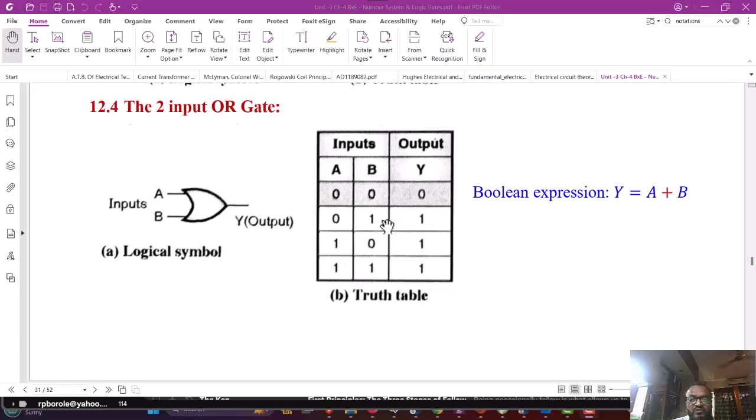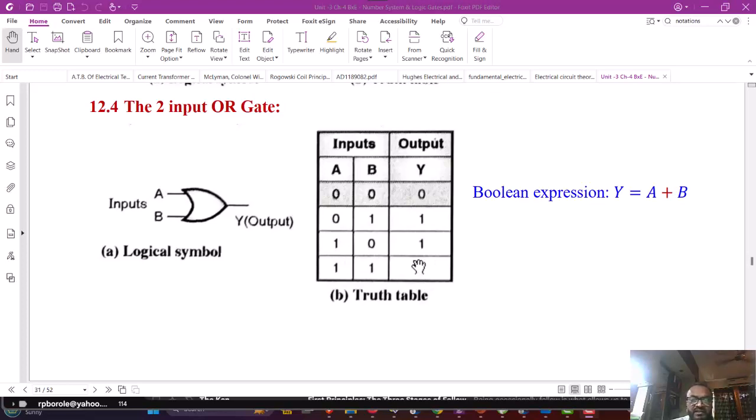When A is equal to 0, B is equal to 1, Y is equal to 1. When A is equal to 1, B is equal to 0, again Y is equal to 1. When A is 1 and B is logic 1, then also Y is equal to 1.